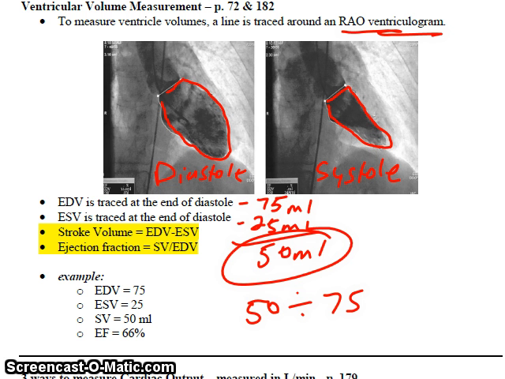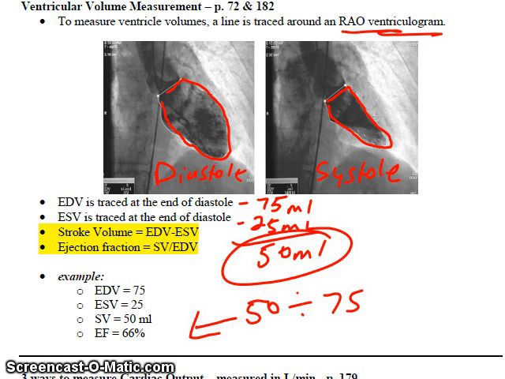You'll have to get a calculator, and with that it gives you 66%. So this person's stroke volume is 50 and their ejection fraction is 66%, which is in normal limits. Remember, there will never be an EF of like 100%, because not all of the blood is ejected during a contraction.